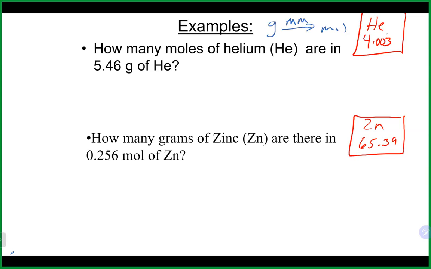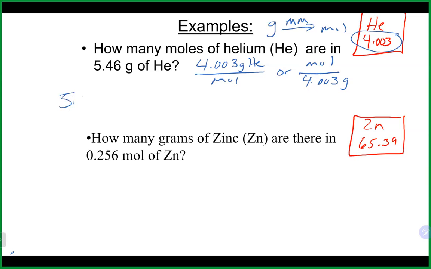So we would go to the periodic table, find helium, and see that number, which basically means there are 4.003 grams of helium in a mole, which is the molar mass. Or we could use it in the opposite direction as a conversion factor, mole on top, 4.003 grams on the bottom. So we start with 5.46 grams of helium.